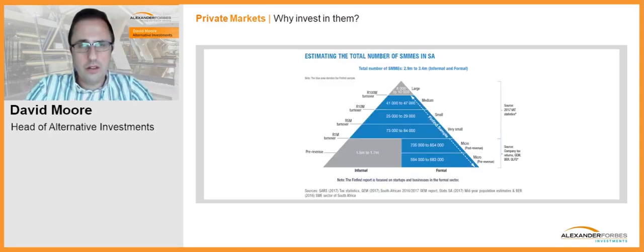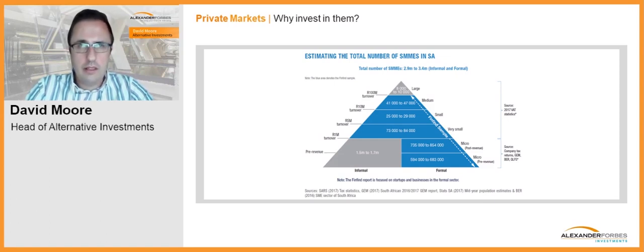By contrast, if you look at the number of SMEs in the domestic market, as depicted by this pyramid, the little gray pyramid at the top shows that there are in excess of 8,000 to 10,000 SMEs with turnover in excess of 100 million rand within the South African market.